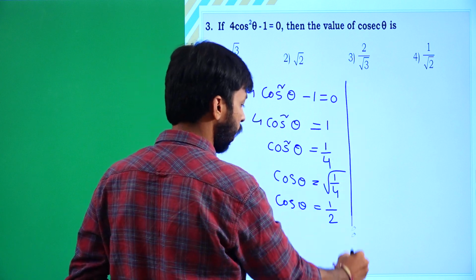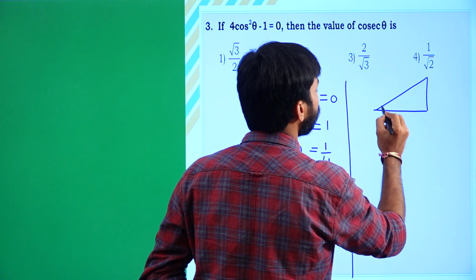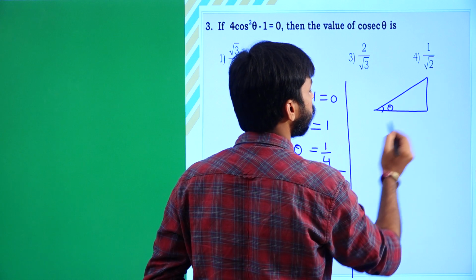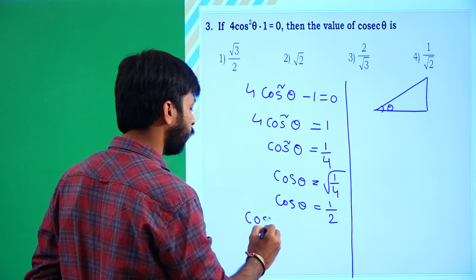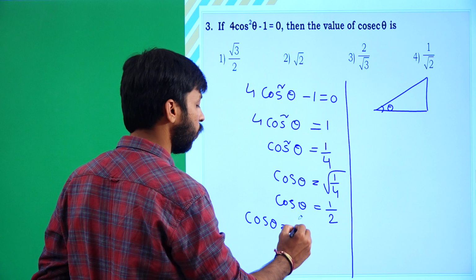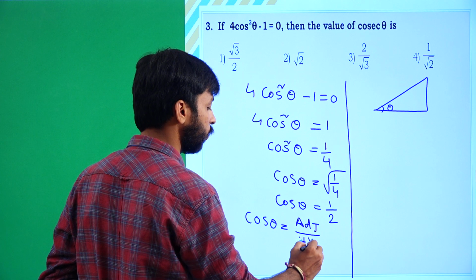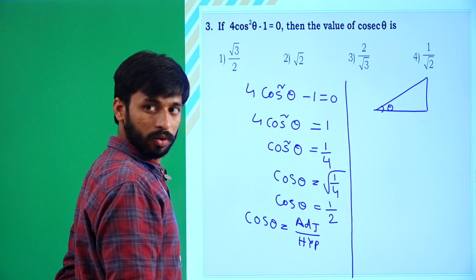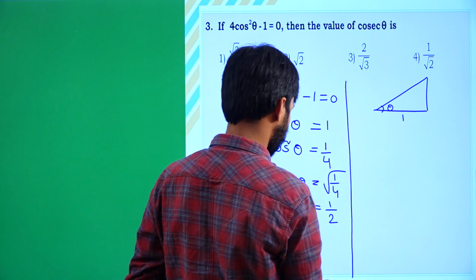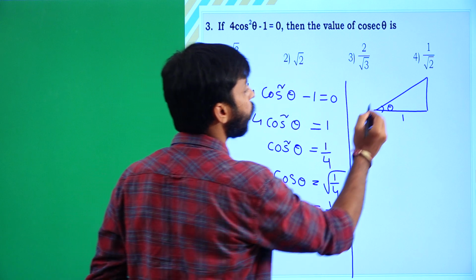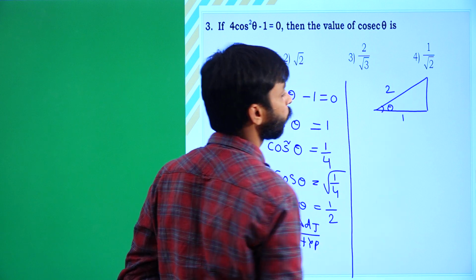Okay. So already, what is cos theta? Cos theta is equal to adjacent side by hypotenuse in a right angle triangle. So here the adjacent side is 1, and the hypotenuse is equal to 2.